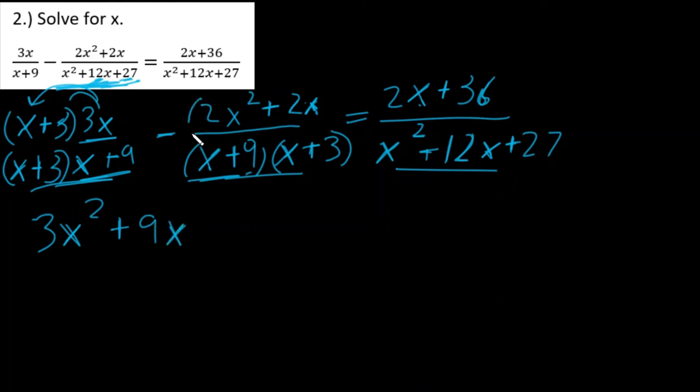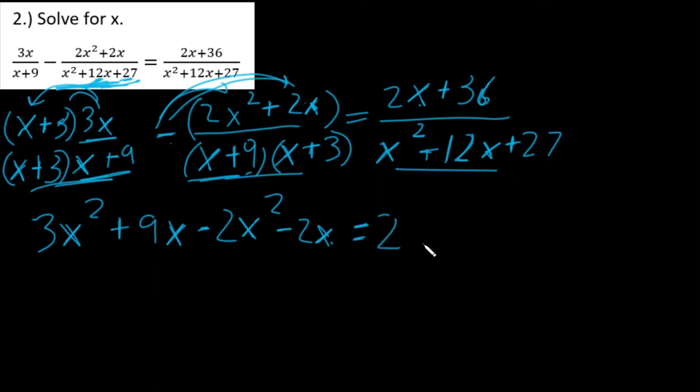And then don't forget that this negative, whenever there's more than one term, it always has to distribute as well. And so negative times a positive will give us a negative 2x squared, and a negative times a positive again will give us a negative 2x. And here, of course, this is going to equal this other side of 2x plus 36.